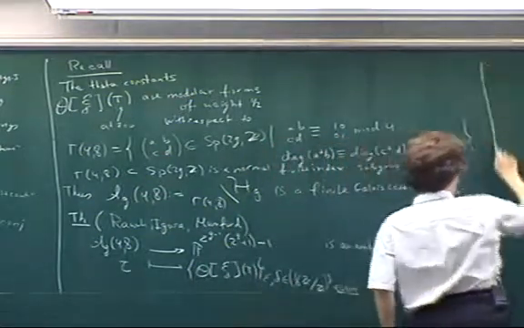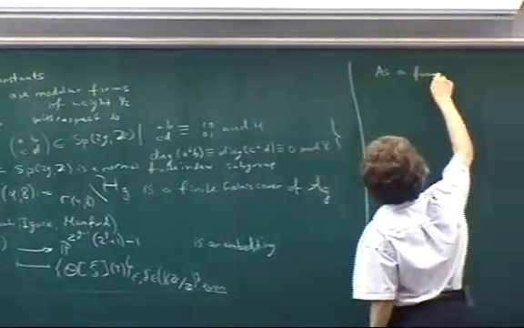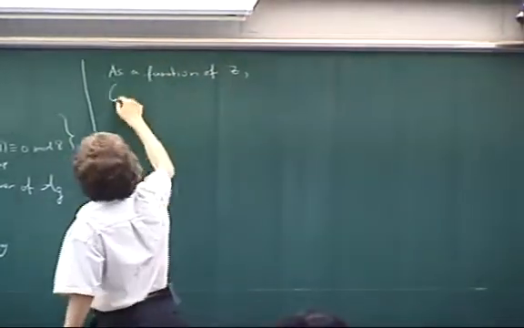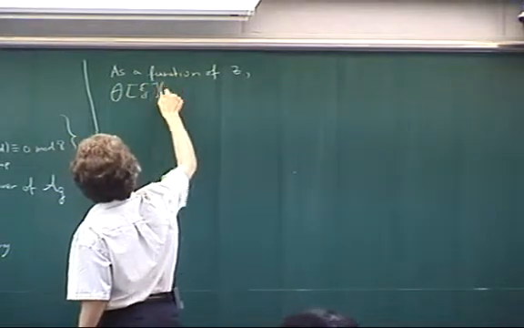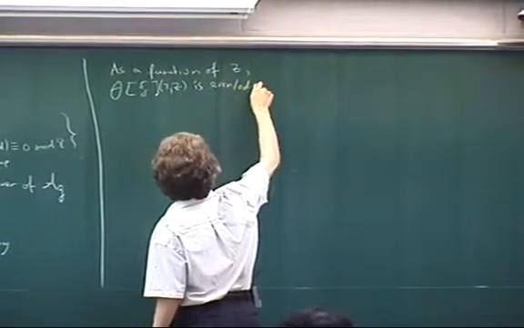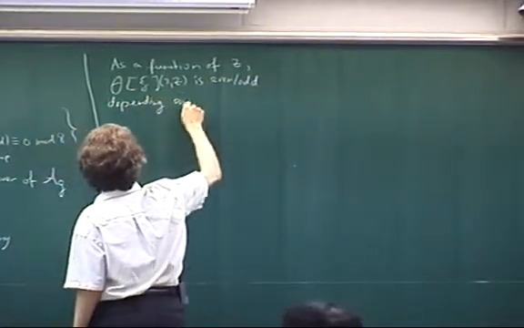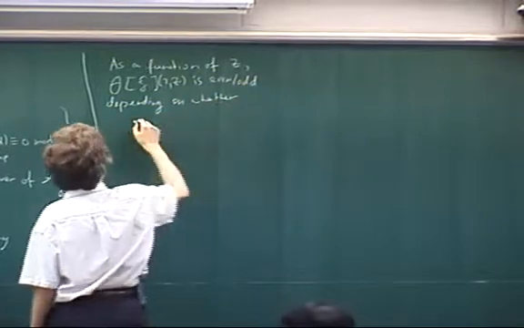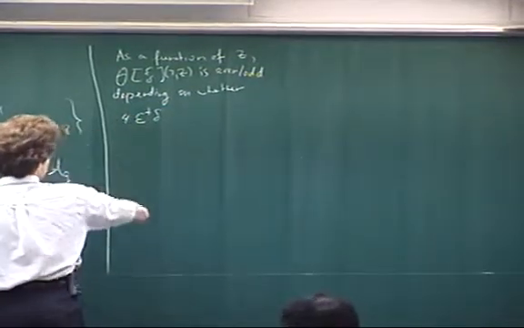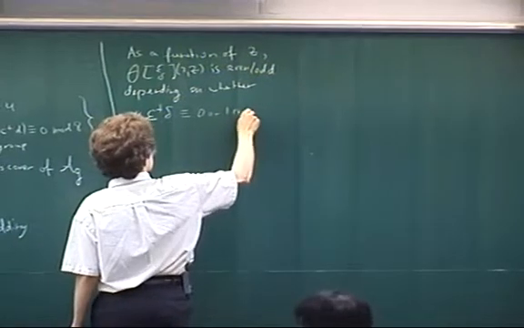So let me explain what even means here. You see, as a function of z, theta epsilon delta tau z can be even or odd, depending on whether the scalar product of epsilon and delta, each of them being in 1/2, is congruent to 0 or 1 mod 2.